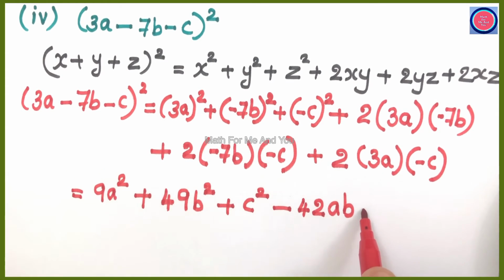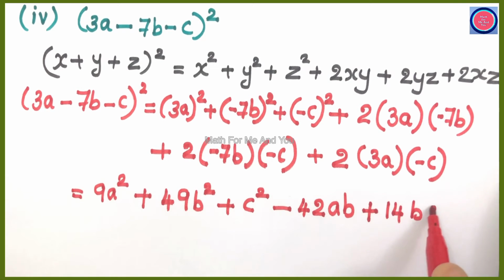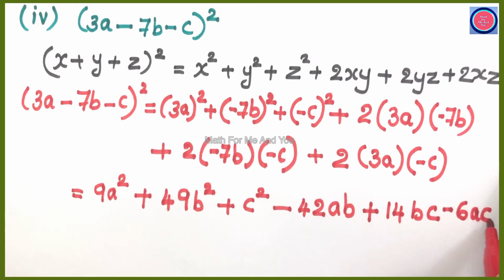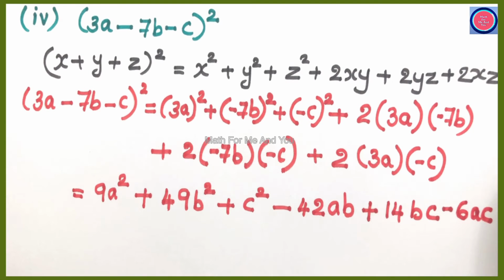Then 2 times -7 times -1, it is minus minus plus 14bc, plus 2 times 3 times -1 is -6ac. So we get the answer, and this is the expansion of (3a minus 7b minus c) the whole square.